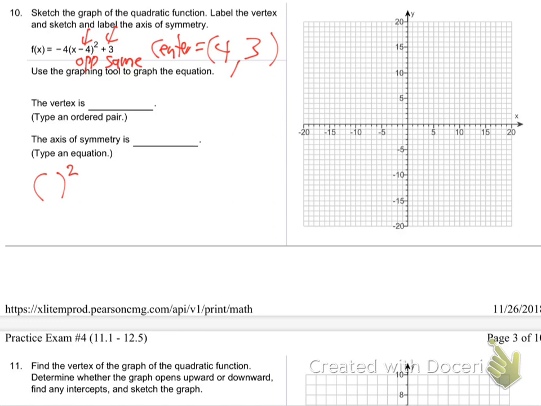Opposite, same. That quick, you've got the vertex, which is the center of the U-shape. So right 4, up 3, it's right here. Right 4, up 3. There's the center of the U-shape.